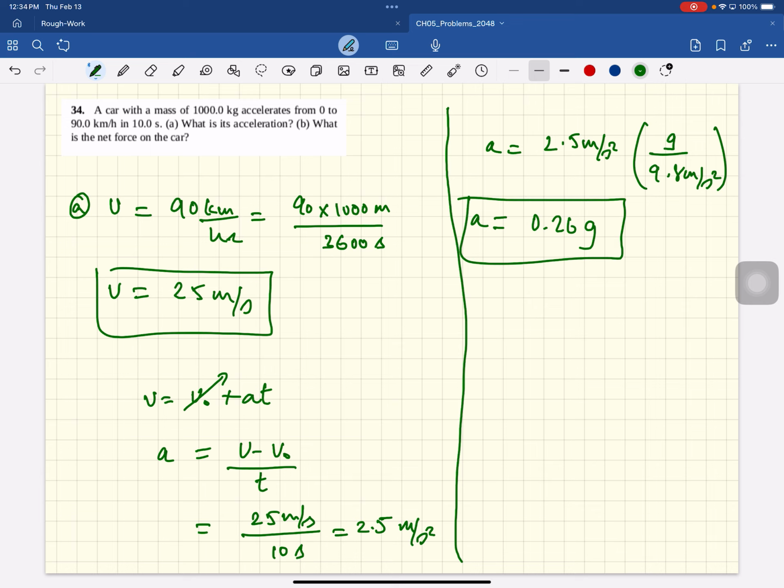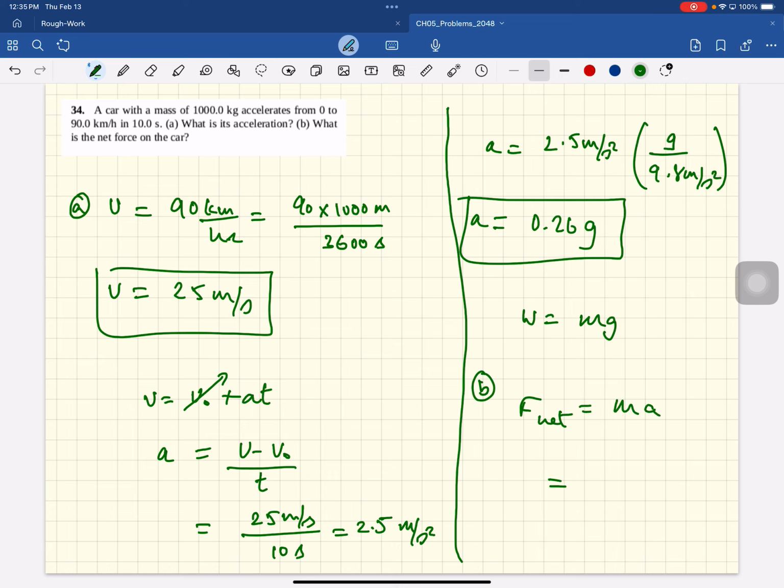All right, so why did I write it that way? Here's why. What is the weight of the car? It's mg. And the acceleration of the car is 0.26 g. So in part B, what is the net force acting on the car? Net force is mass times acceleration.